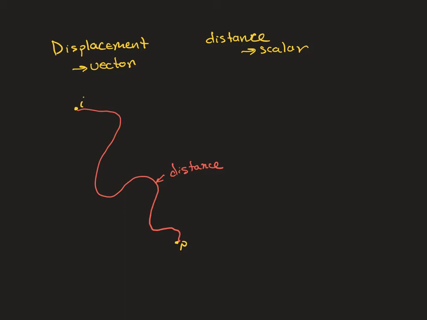But displacement is essentially the change in position. So we would take the final position minus the initial position. So displacement is as the crow flies. So this here would be your displacement.